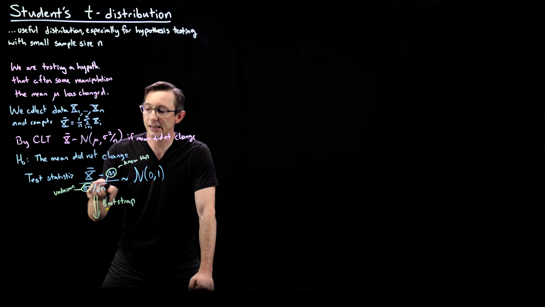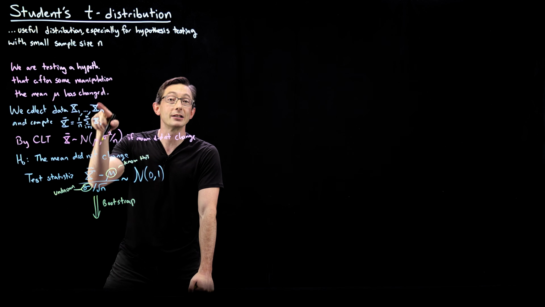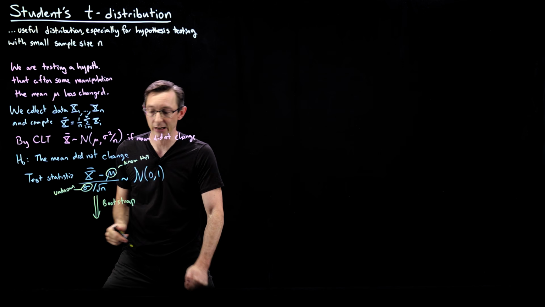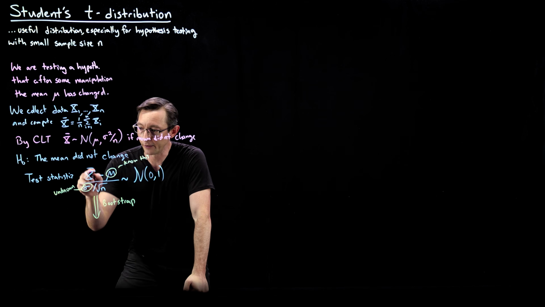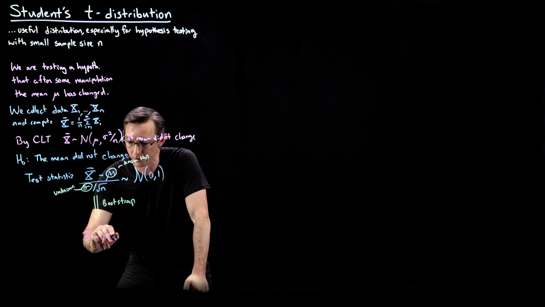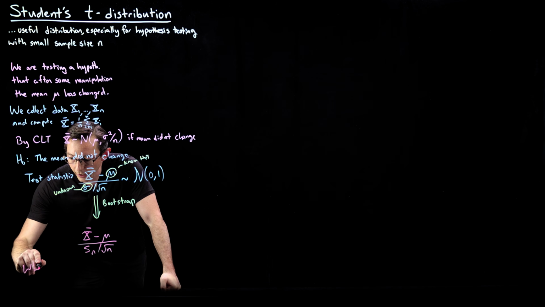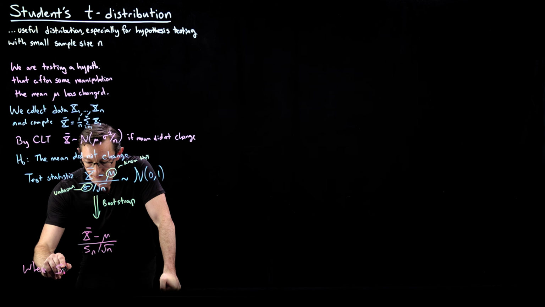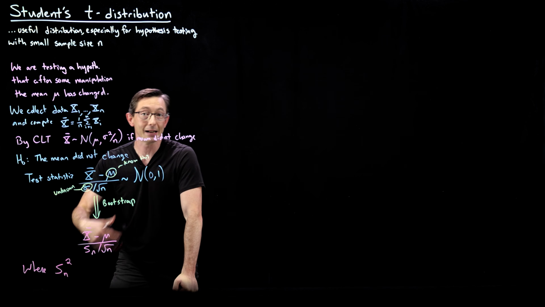We replace this unknown standard deviation with the standard deviation of our data, what's called the sample standard deviation. So that's what I'm going to write down here. If we don't know this, then we replace this with x bar minus mu over Sn divided by root n, where Sn squared is the sample variance.